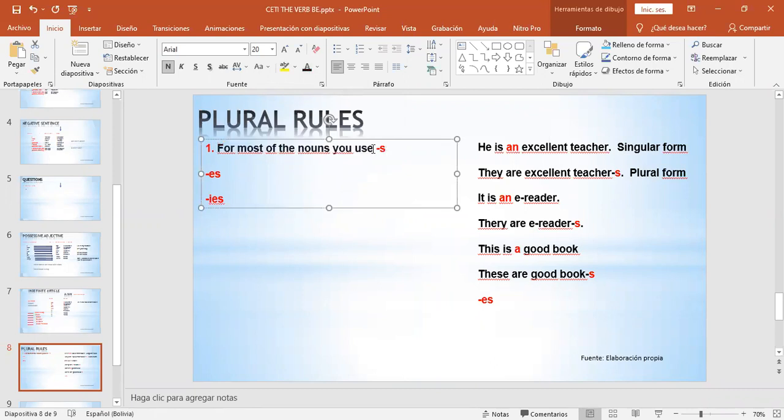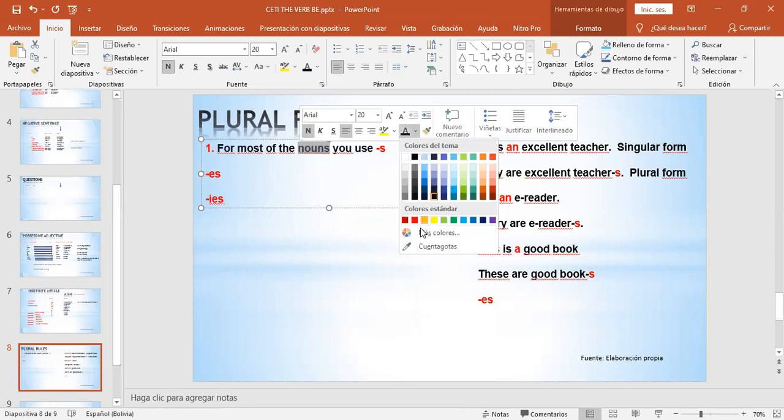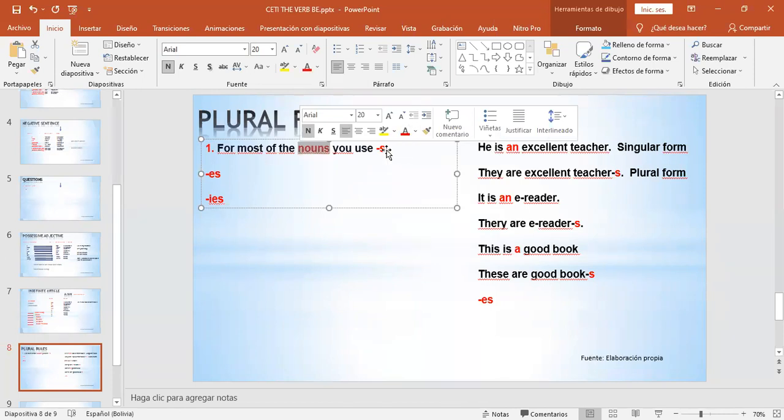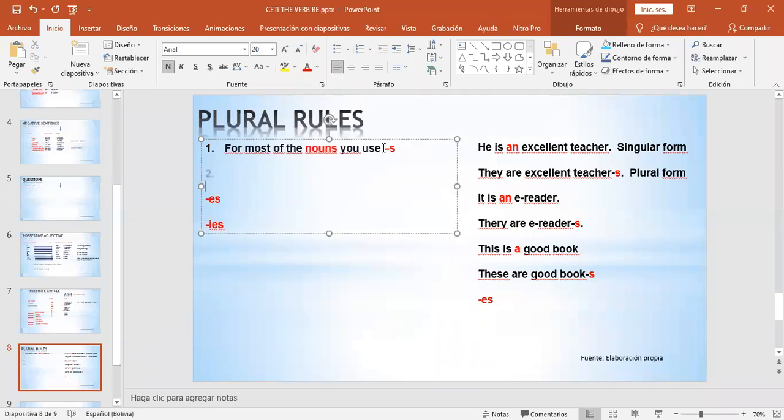We are talking about nouns. Pay attention, nouns. Okay, what does nouns mean? Nombre, teacher. Yes, nouns.